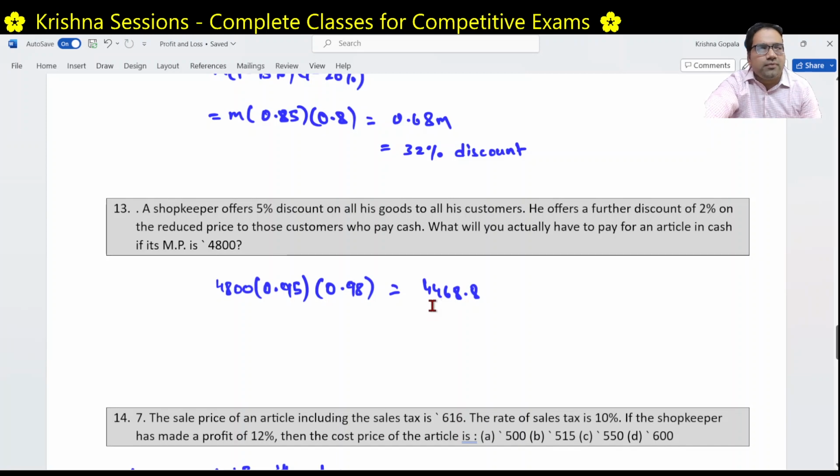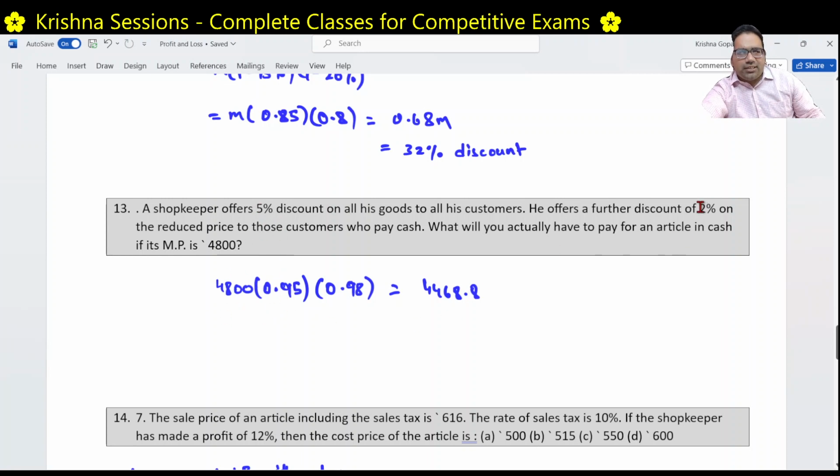Next, a shopkeeper offers 5% discount on all his goods to all his customers. He offers a further discount of 2% on the reduced price to those customers who pay cash. What will you actually have to pay for an article in cash if its market price is 4800? Market price is 4800. The first discount is 5%, which is (1 minus 0.05) into 4800, which is 0.95 into 4800. This first discount is given to everyone.